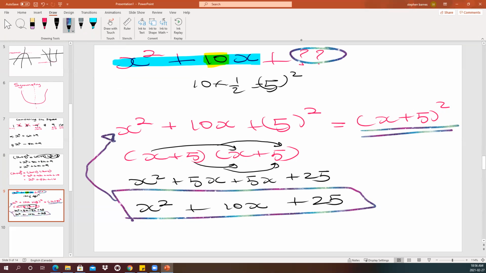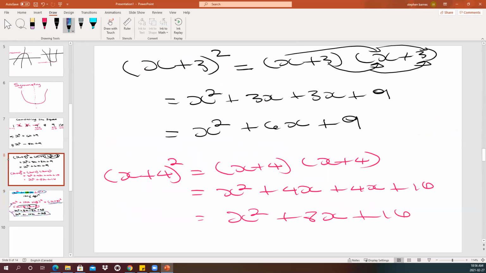So what I'm saying is, we know what it looks like when you have a perfect algebraic expression squared. It is x plus something in a bracket squared, and when you multiply it out, it should give you a quadratic trinomial. A quadratic trinomial has an a value times x squared, a b value times x, and a c value.